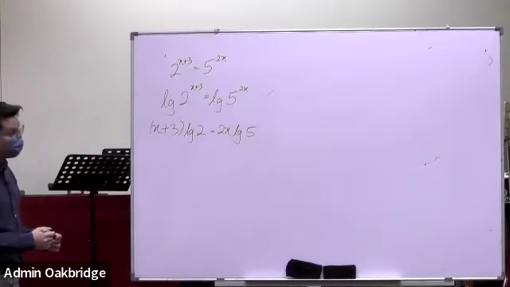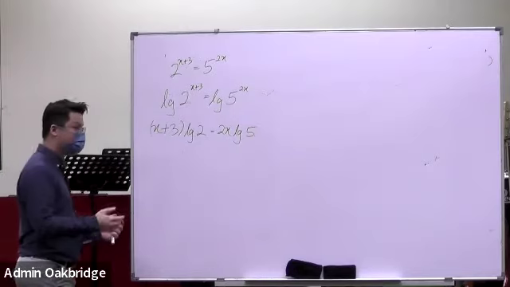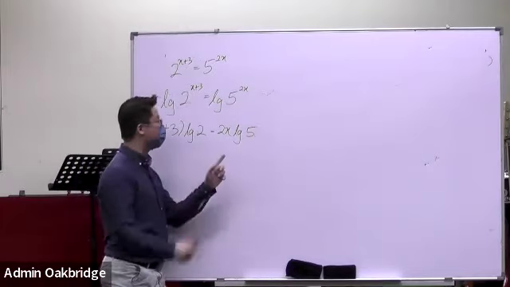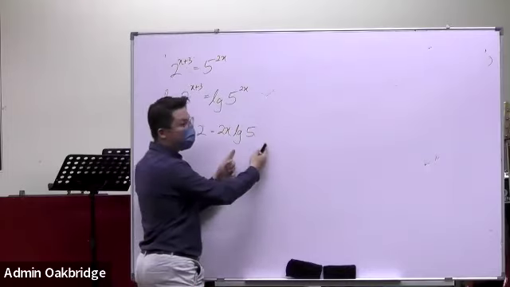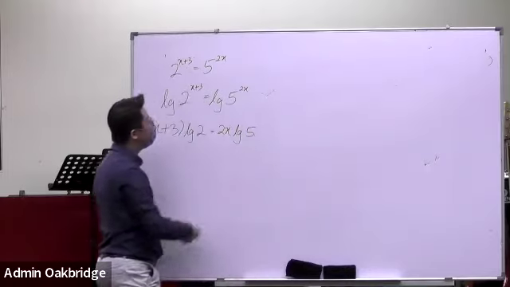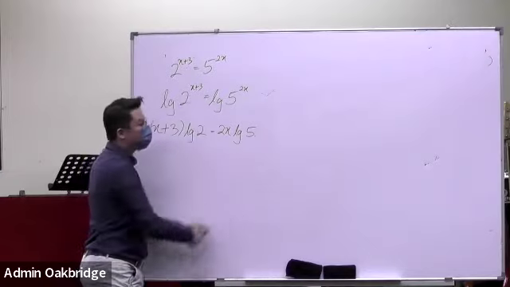And then here we have different approaches. You can either use your calculator, LG2 is what, get the decimal number, LG5 is what, get the decimal number. Or you just keep it with the log.